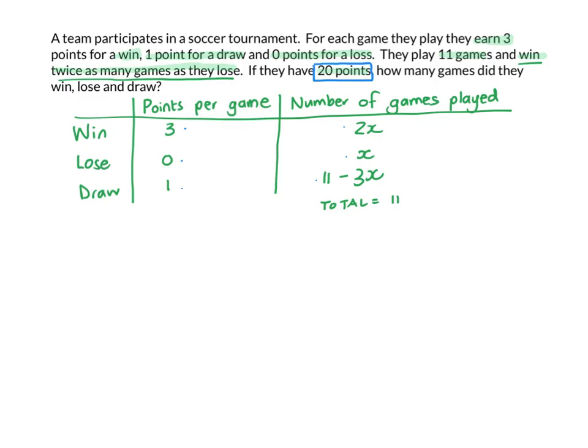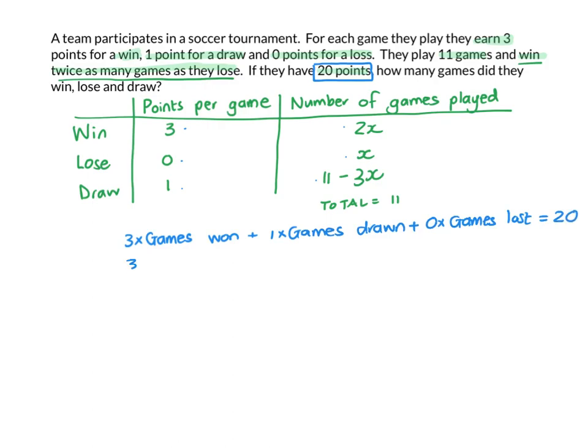So if I want to work out how to get to the 20, I'm going to say 3 times games won, plus 1 times games drawn, plus 0 times games lost is going to equal the number of points they have.